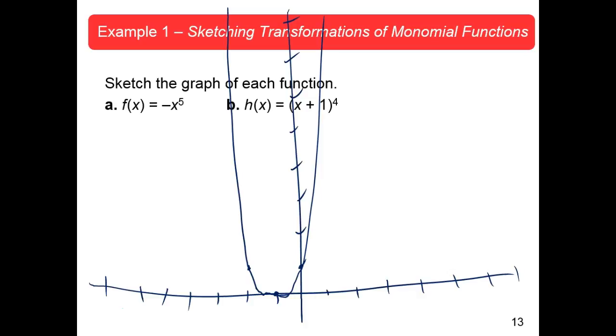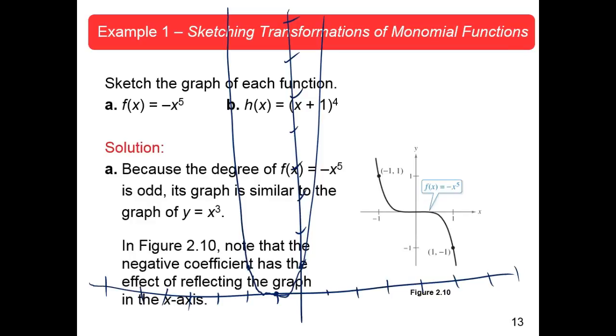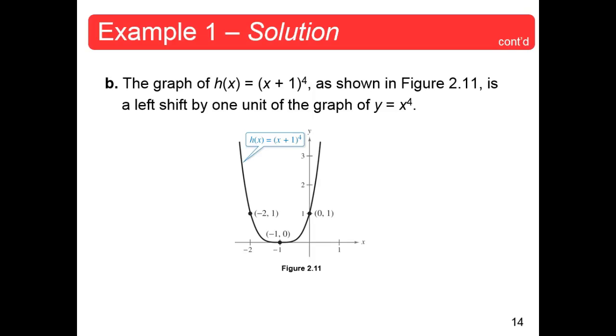Okay? Horizontal shift. Remember those? So here we go. The graph of h of x equal x plus 1 to the 4th is shown here in this figure. It's a left shift by 1 unit, so everything. x to the 4th would have had 0, 0, 1, 1, negative 1, 1. Every one of those is shifted left 1. Okay?